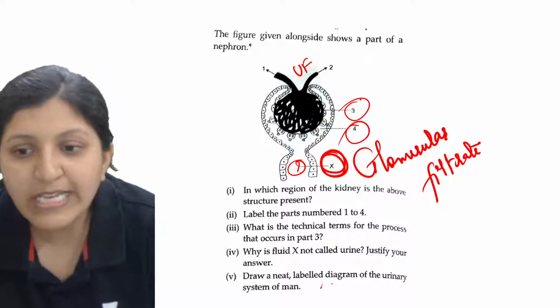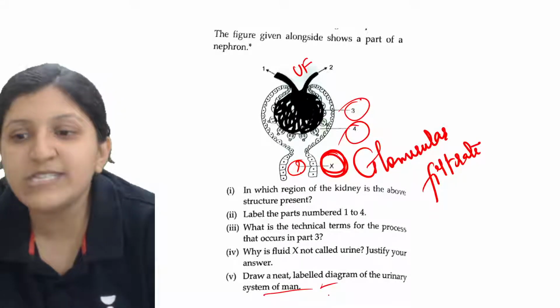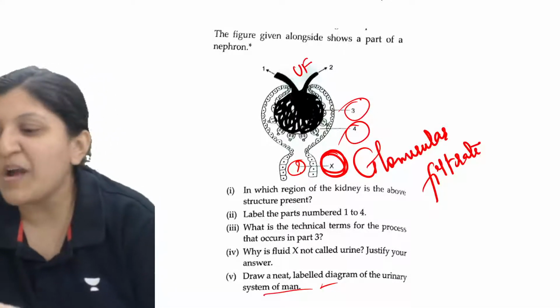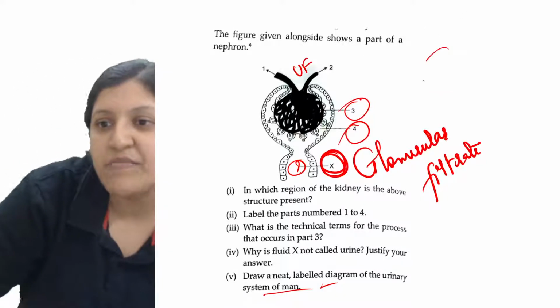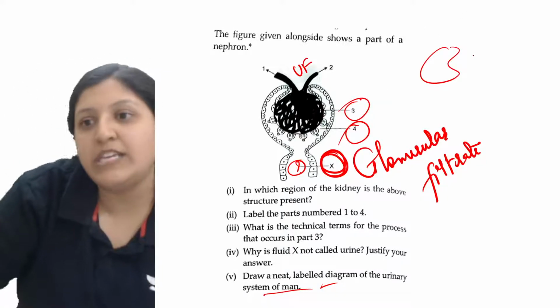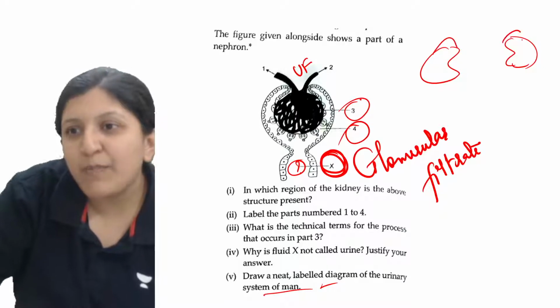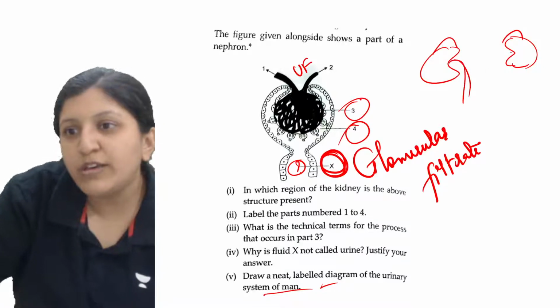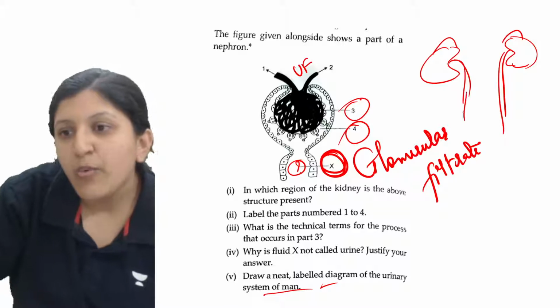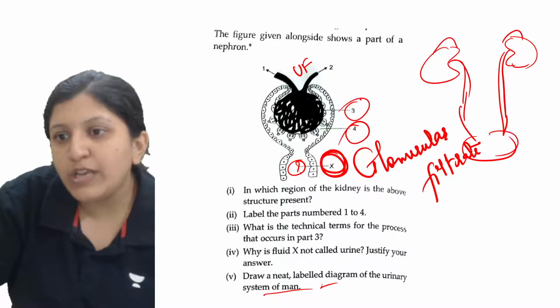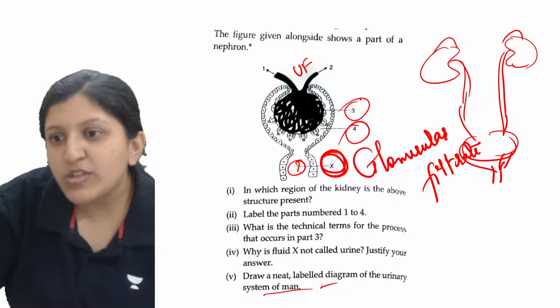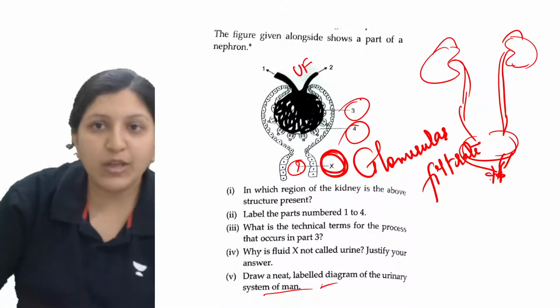Draw a neat labeled diagram of the urinary system of a man. You need to draw the complete excretory system, like the kidneys, the right kidney below the left kidney slightly upward, with a cap on this. Then you need to draw the ureter over here, which is connecting to the urinary bladder. Then the sphincter muscle and urethra you need to show.